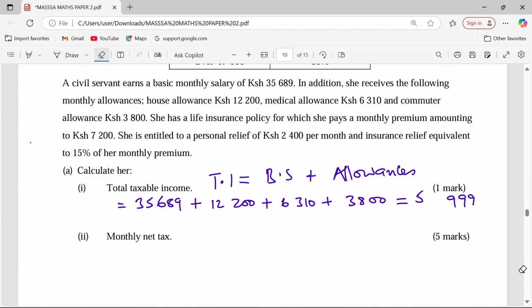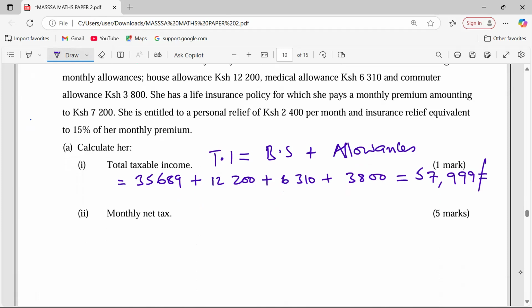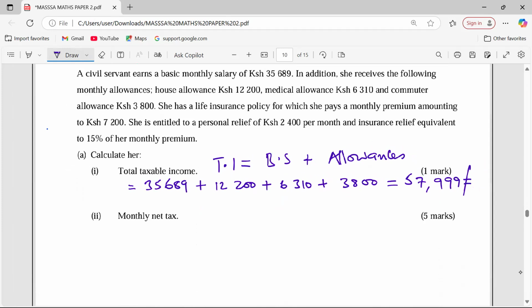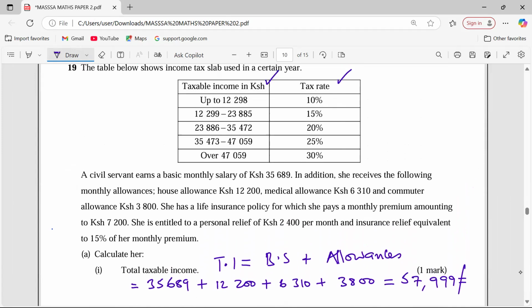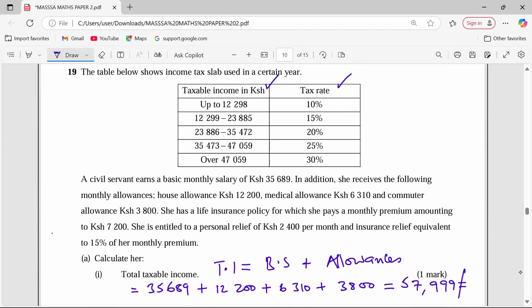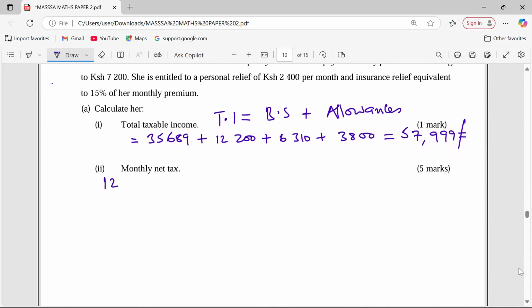57,999, not 59. 57,999 Kenya shillings. So that is the taxable income. Now for us to get the net tax, we are going to tax this amount. From the first bracket, we are taxing 12,298 at 10%.